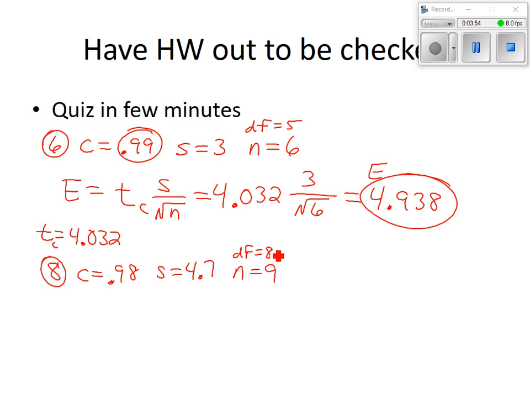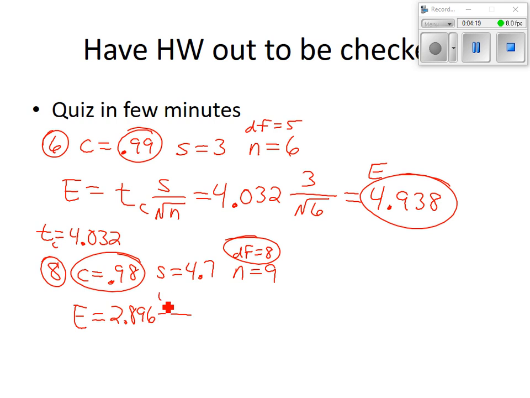Same idea. Use the 0.98 and the degrees of freedom, look up on the chart, and figure out what tc is. 2.896. Is everybody seeing where they're getting all these? And is that right? I'm not looking at my chart.